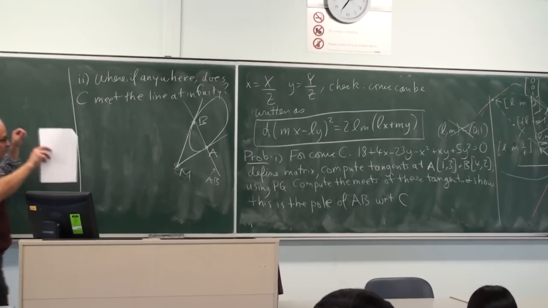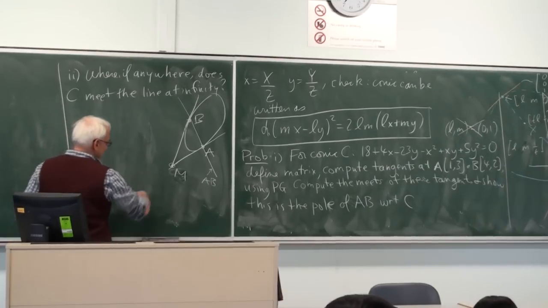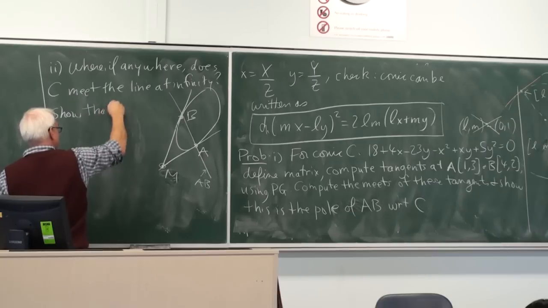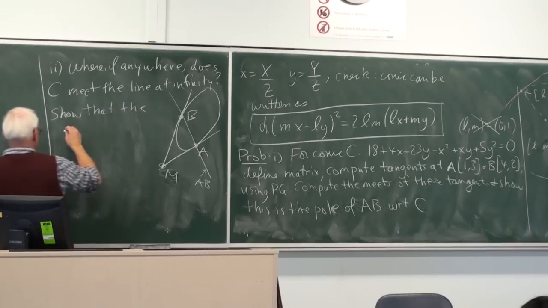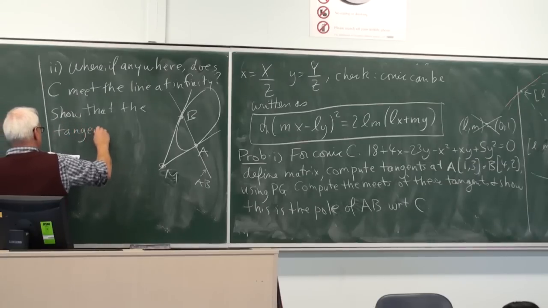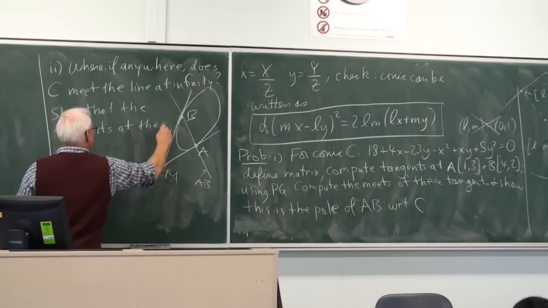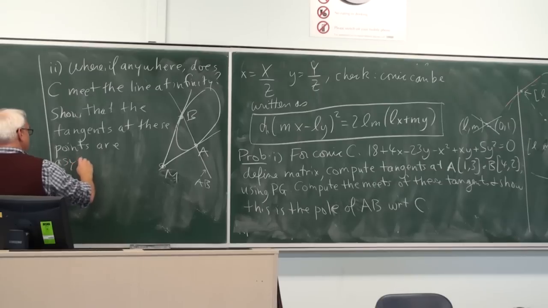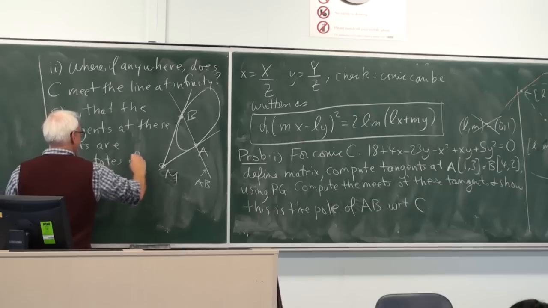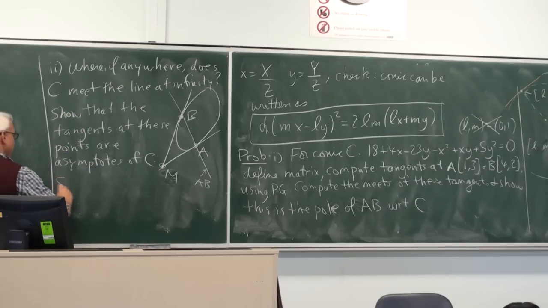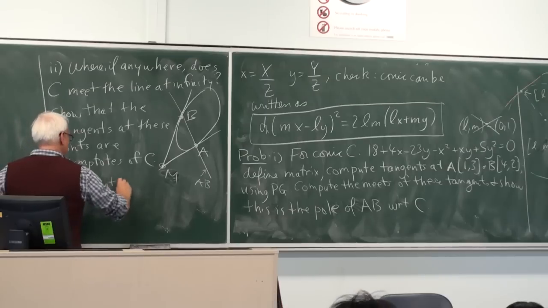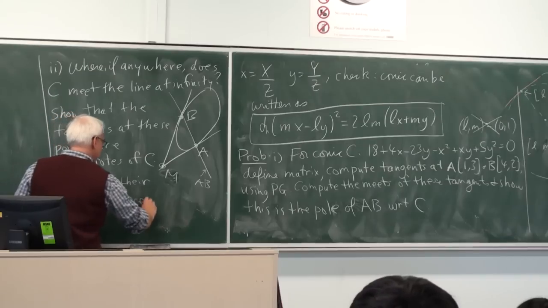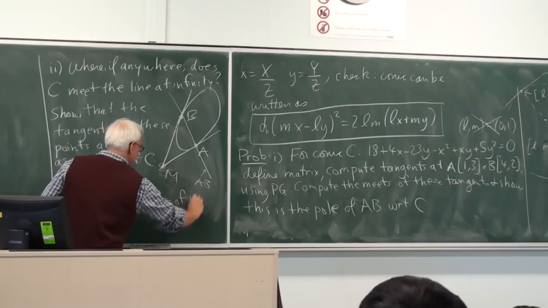So it's a hyperbola that meets the conic, the line at infinity, at some point, and show that the tangents at these points are the asymptotes of the curve, and show that their meet is the center of the curve.